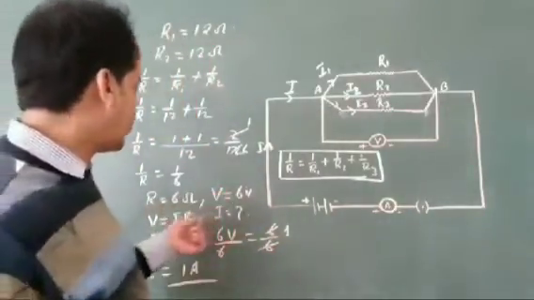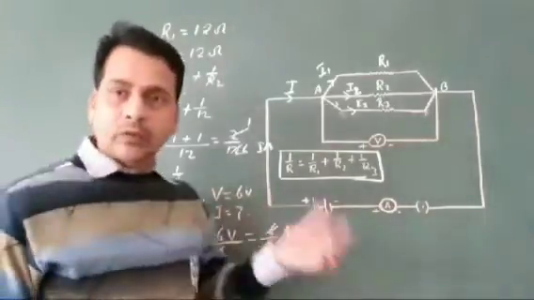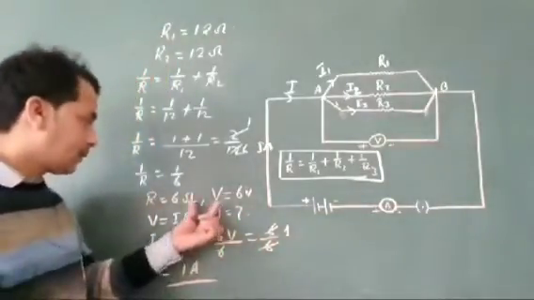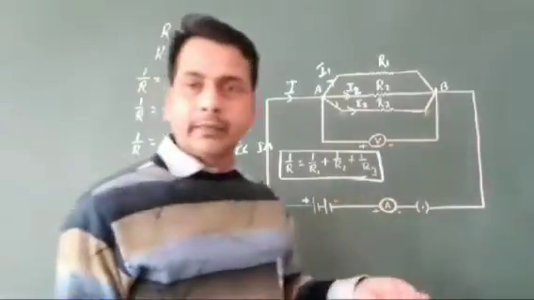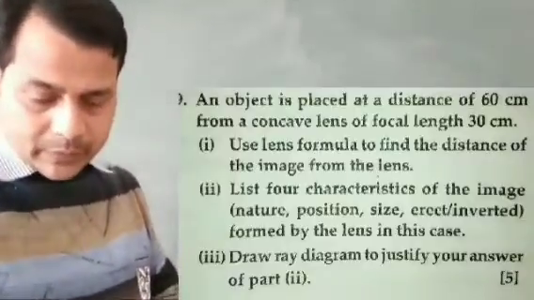The potential difference given in this question is 6 volt. So from Ohm's law, the electric current I equals 1 ampere.